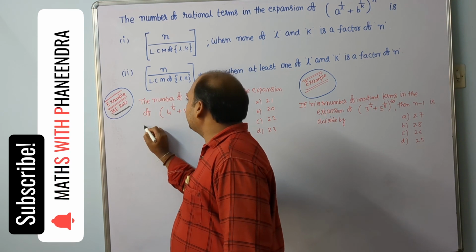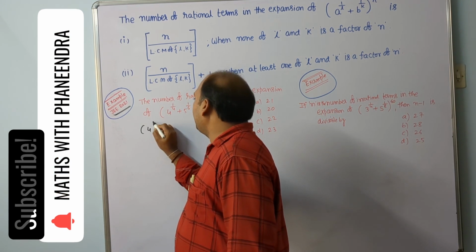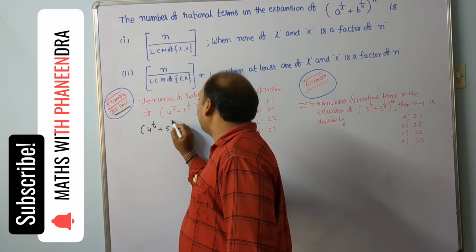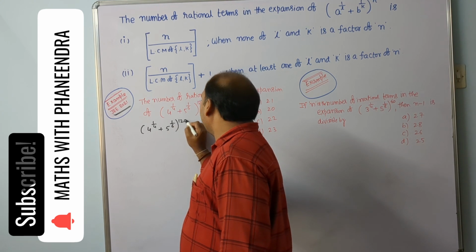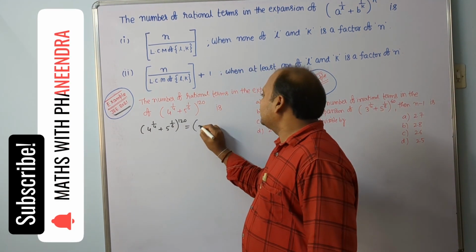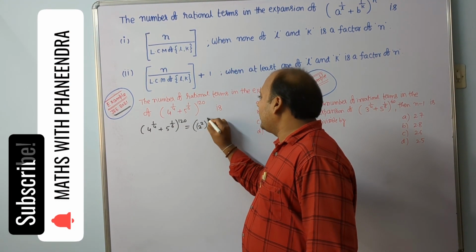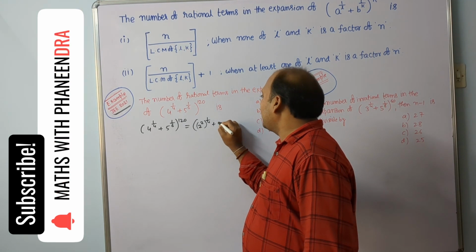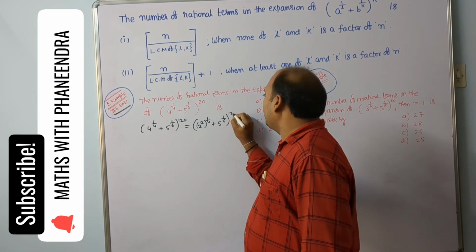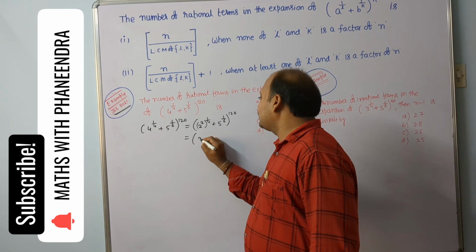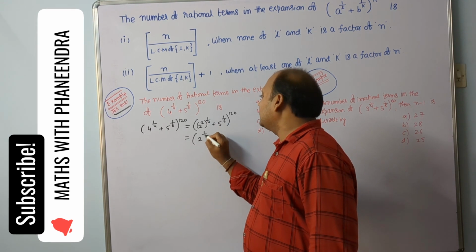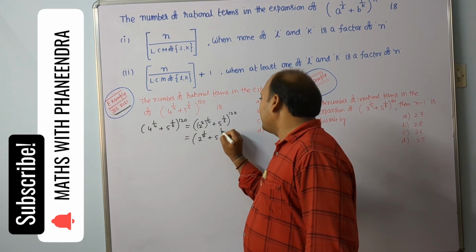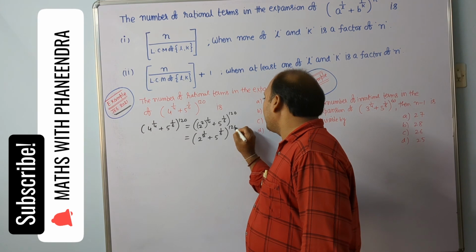So the given expansion is 4 power 1 by 4 plus 5 power 1 by 6, whole power 120. That can be written as 2 square whole power 1 by 4 plus 5 power 1 by 6, whole power 120. That can be written as 2 power 2 into 1 by 4, that is 1 by 2, plus 5 power 1 by 6, whole power 120.